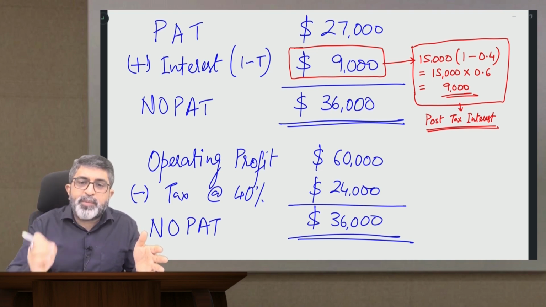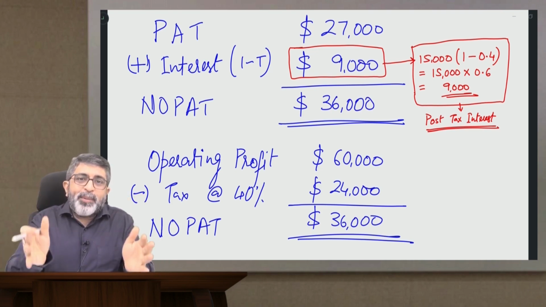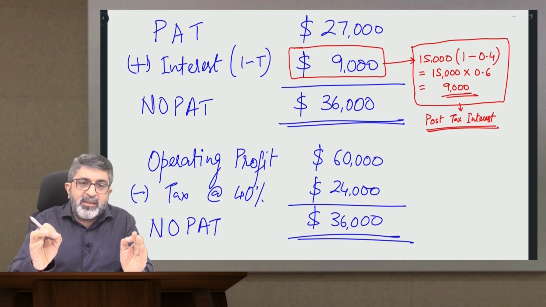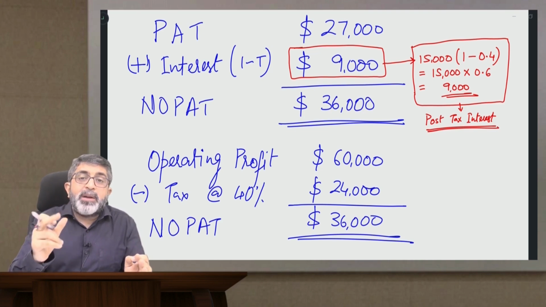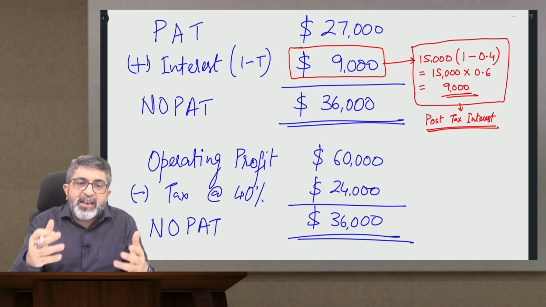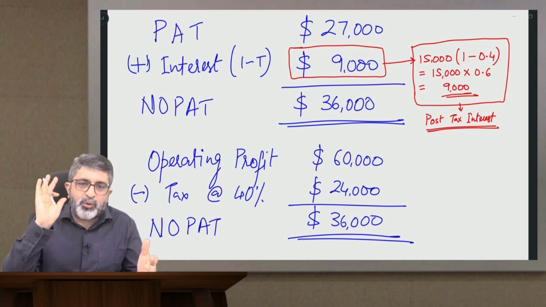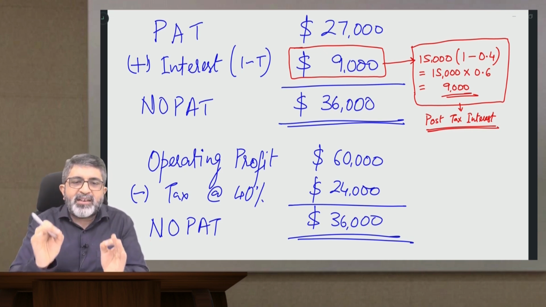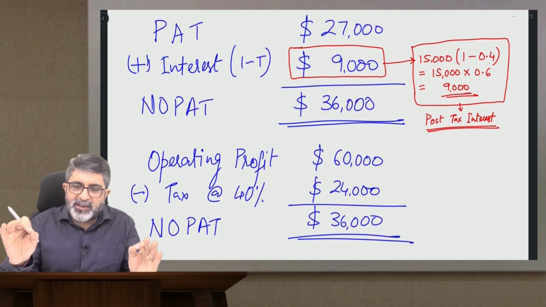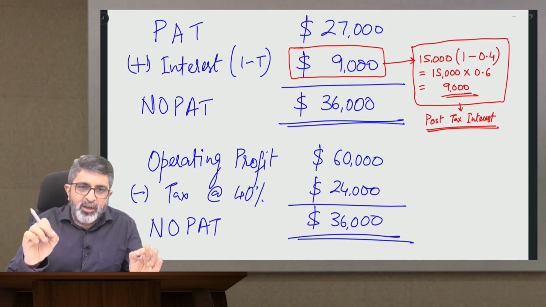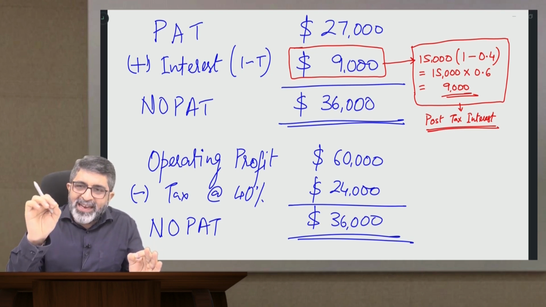If debt is not present, the capital is funded only by equity. In that case, how much will be your net operating profit after tax? Whatever be your operating profit, that whole amount will be subject to tax, and you will land up at net operating profit after tax by simply taking operating profit less tax.